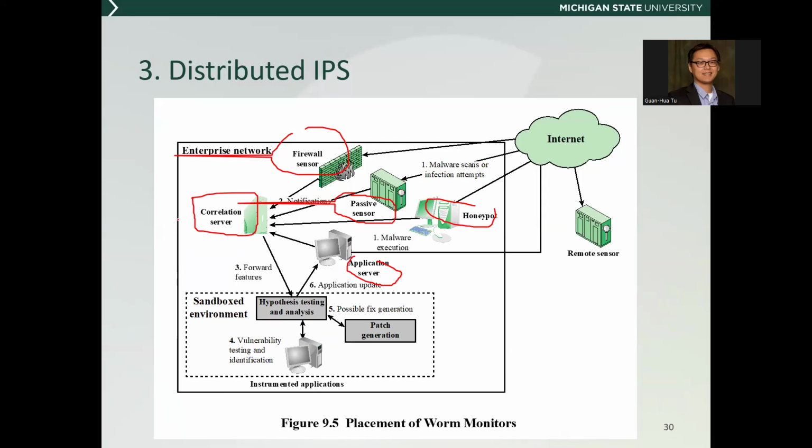The correlation server will analyze our report, identify the potential vulnerability and provide a patch. Finally, the patch will be deployed on our application server. So basically, it provides you with a life cycle: how can we detect the intrusion and the malware, and once we discover it, how can we deploy the solutions?